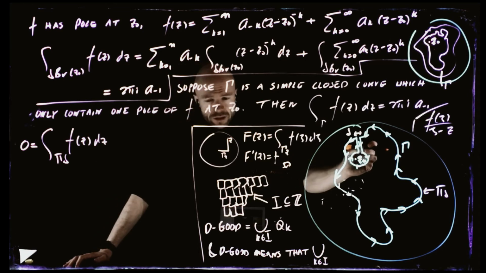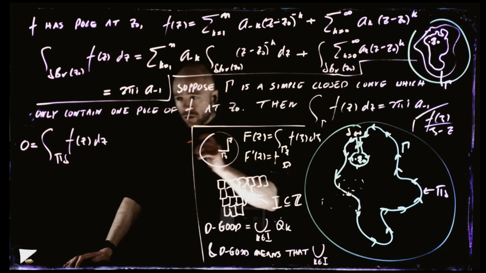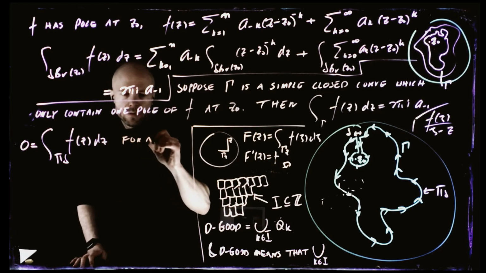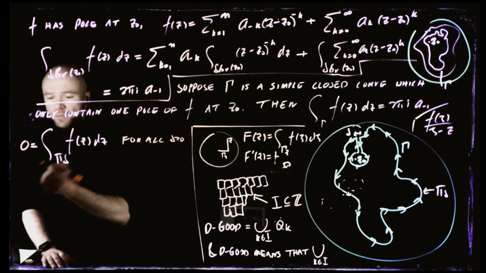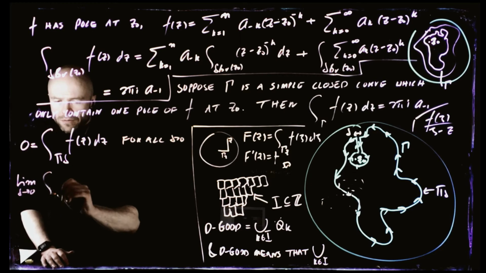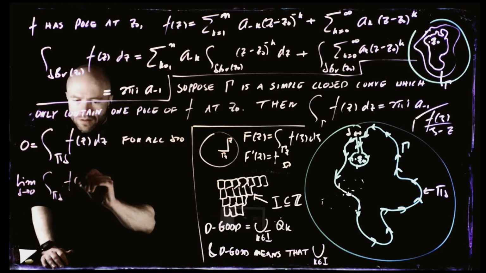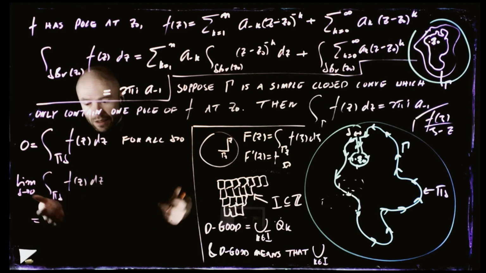And if we let delta go down to 0, then exactly as we've seen before, the sides of the hallway will cancel each other out. Yeah. So this is true for all delta bigger than 0. So taking the limit as delta goes to 0 of this integral of f(z) dz, we did this somewhat carefully before. We saw that this thing cancelled.